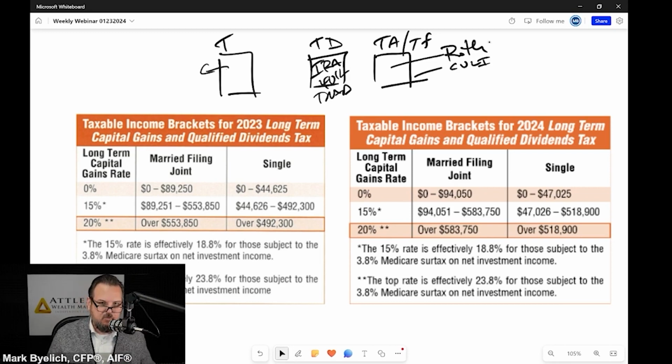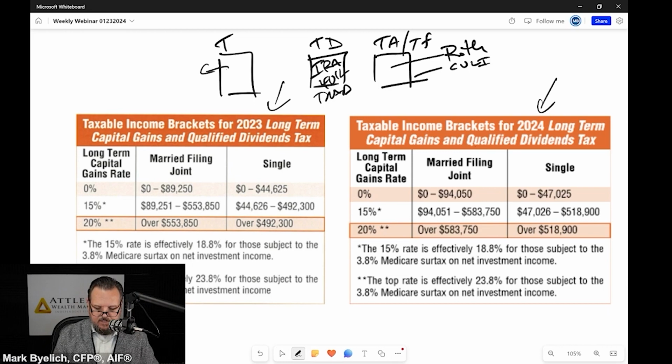So capital gains, of course, is when you buy something at $1,000 and it grows. Let's make it simple: it grows to $1,500. That growth could be taxed at short-term rates if it's below 1 year, or it could be taxed at long-term capital gains rates if it's greater than 1 year.